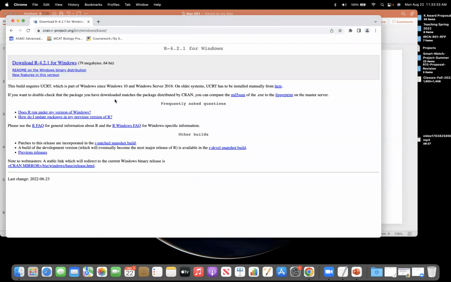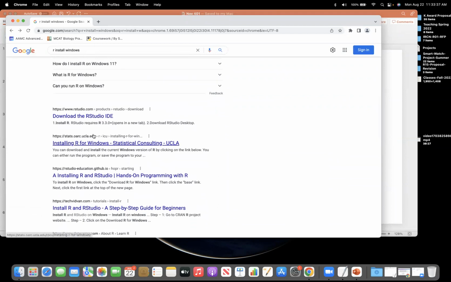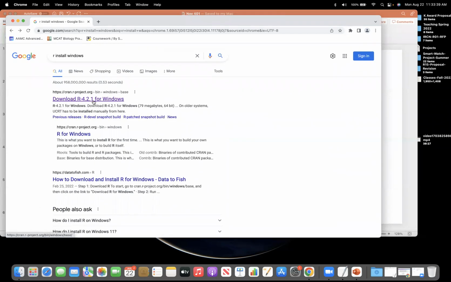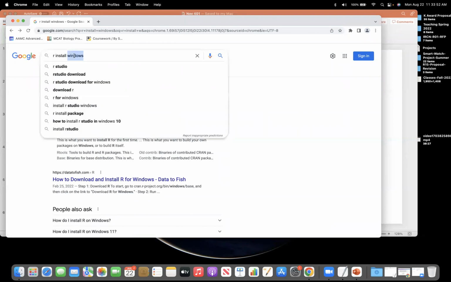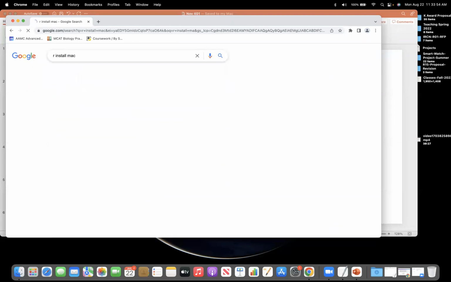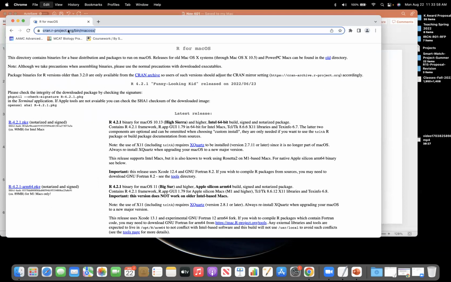The most current version of R is 4.2.1. So if you're using Windows, go to this link. If you're using Mac, go to this link. Okay. So you have Windows, you have Mac.